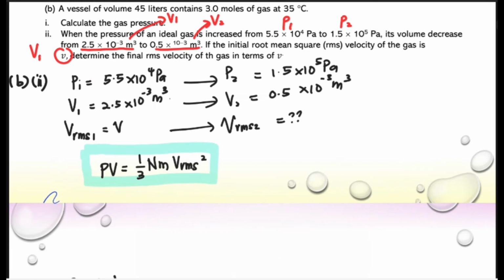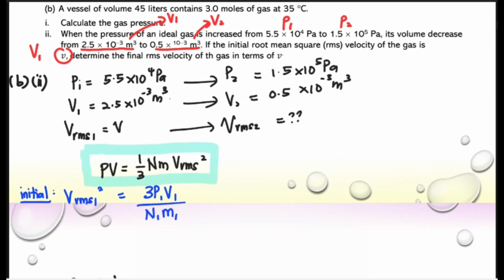So we are going to have the equation initially. So I will write initial. VRMS 1 squared is equal to 3P1V1 over N1 M1.